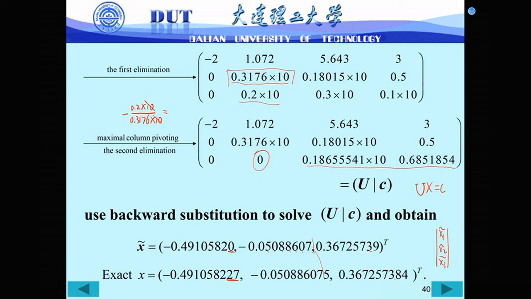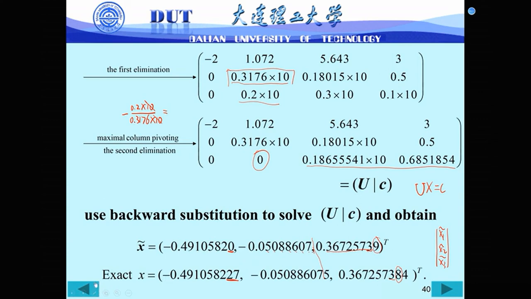Okay, here 3. Okay, here is 9, but here is 8, right? So it is not a significant digit, but here 1, 2, 3, 4, 5, 6, 7 also has 7 significant digits. Okay, so that means by using the partial pivoting, we can obtain good results with good accuracy.